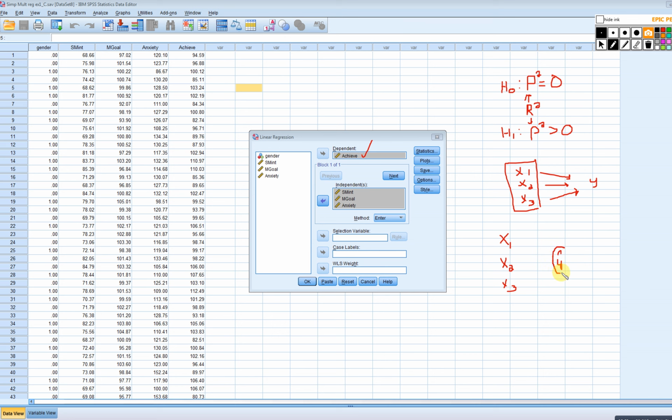So in other words, predicted scores on y are not directly observable from y or the scores on x1, x2, or x3, but it's rather a derived variable or a latent variable. And when we look at the relationship between y and predicted scores on y, so there's actual y and predicted scores on y, that is what is being modeled by R squared.